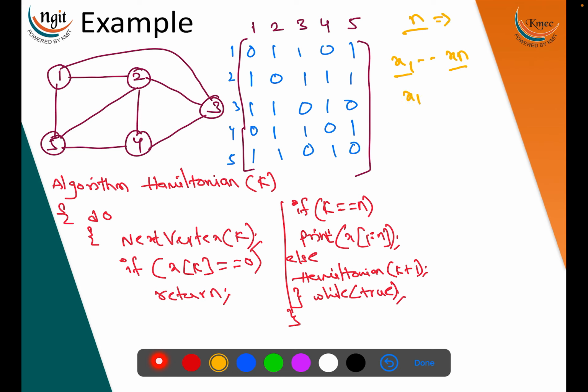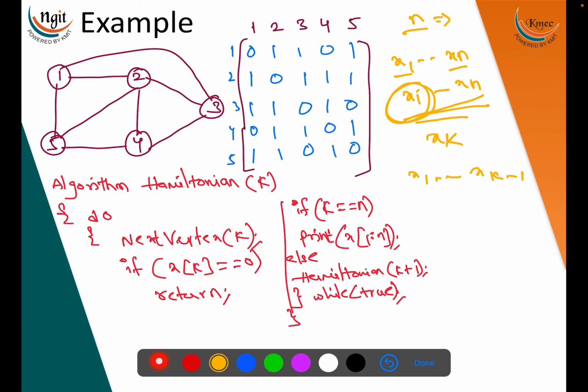The backtracking solution vector x1 to xn is defined so that xi represents the ith visited vertex of the proposed cycle. Now all we need is to determine how to compute the set of possible vertices for xk, if x1 to x of k minus 1 have already been chosen.